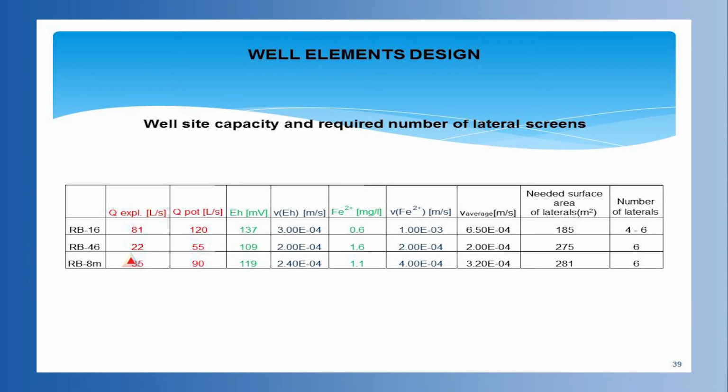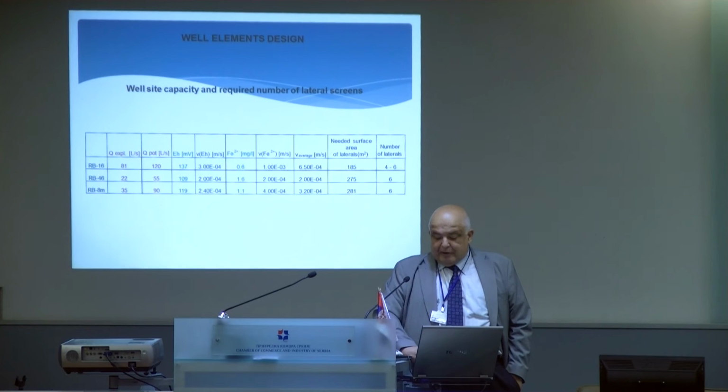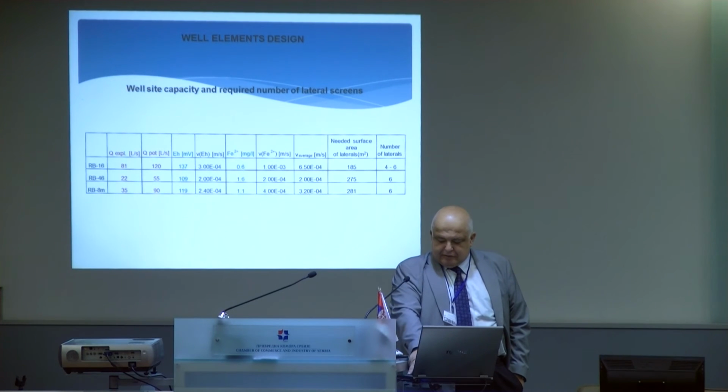RB8M, now 35, could be 90, and the surface necessary 281, that means 6 or 8 laterals. At this moment, for waterworks it is best to make new drains on RB8M because the benefit of 50 or 60 liters per second pays for the amount of money which should be spent to do that.